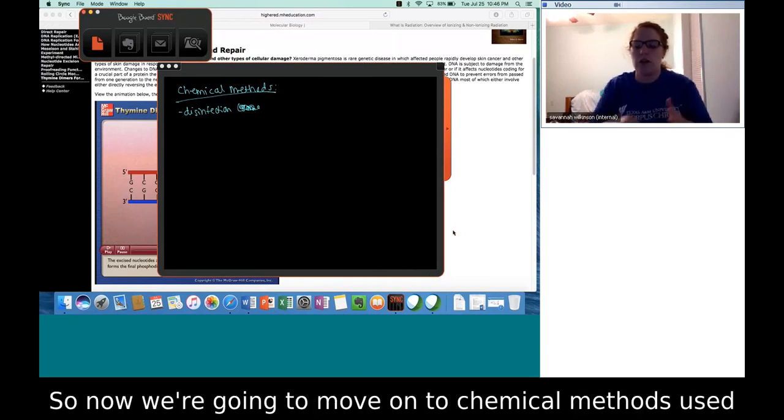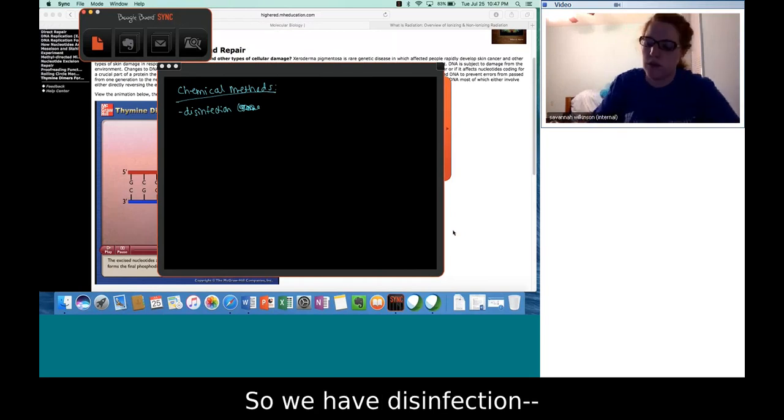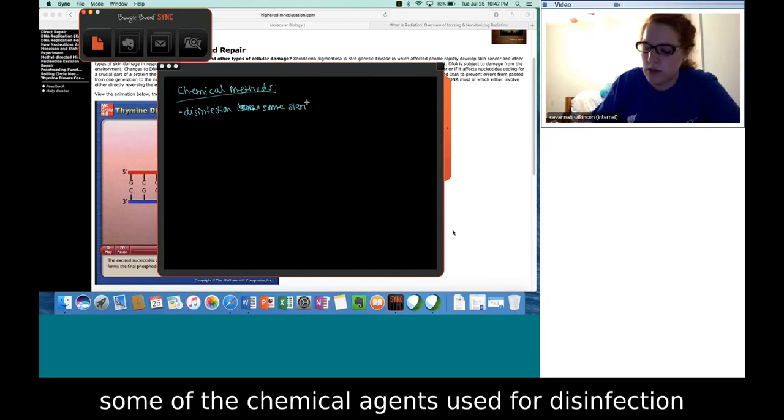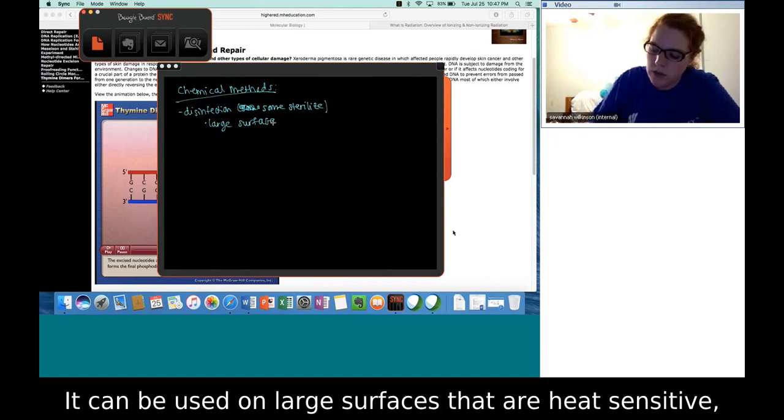Okay, so now we're going to move on to chemical methods used for the antimicrobial activity of germicides. So we have disinfection. Some of the chemical agents used for disinfection can be used for sterilization. It can be used on large surfaces, but they are heat sensitive.